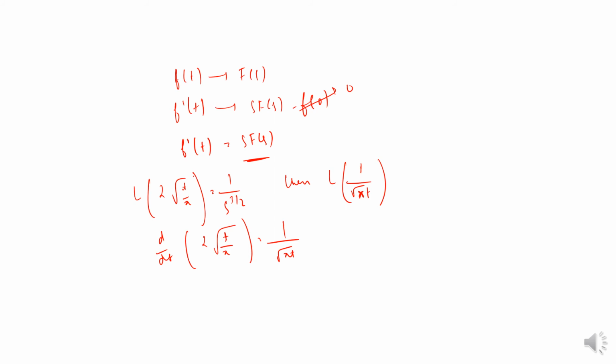So now we want the Laplace transform of a derivative, right? Therefore the Laplace transform of 1 by root of pi t is equal to s into F of s. F of s is this, 1 by s power 3 by 2.